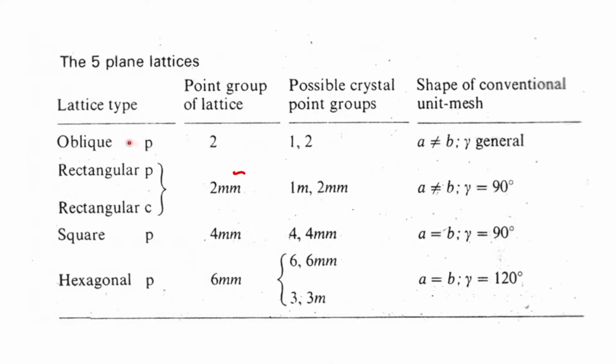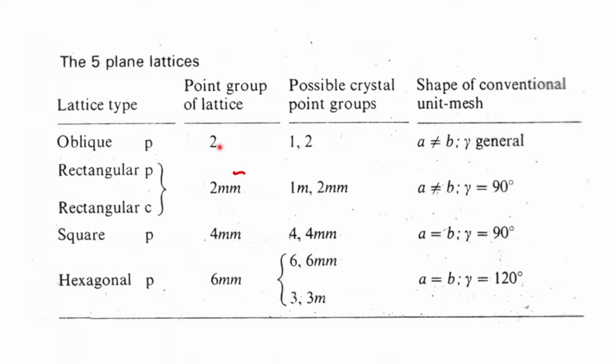You see that in the case of an oblique lattice, the lattice type is P, and the point group associated with the lattice is 2. This is the maximum point group symmetry that can be associated with the lattice. But when you come to the case of a crystal, it depends upon what kind of an object is sitting inside this oblique lattice.